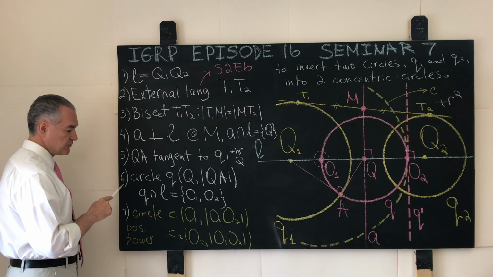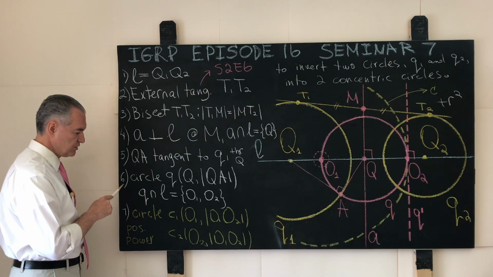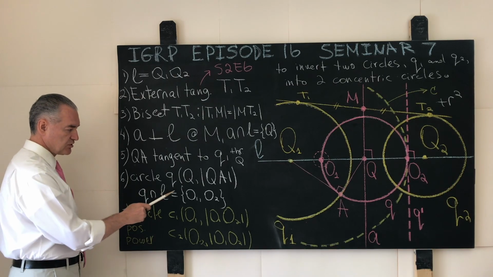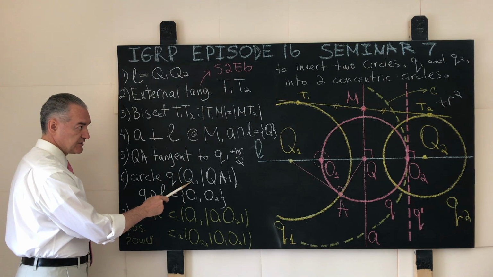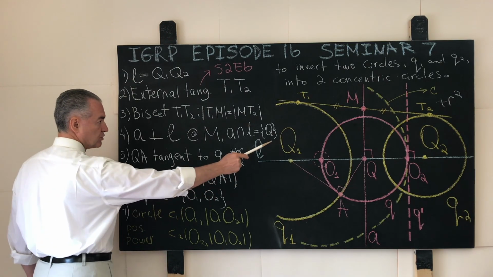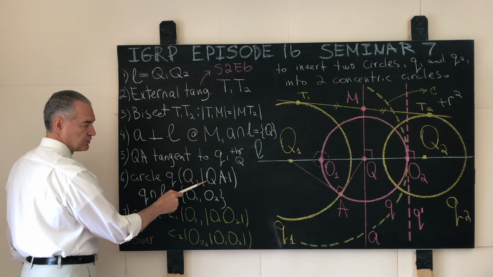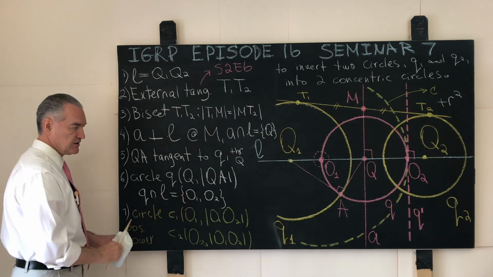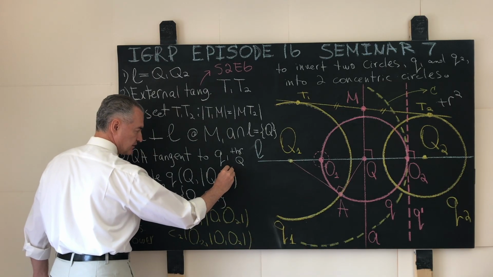Now, in step number 6, we have all the parameters of the circle Q that we need. In other words, as step number 6, construct the circle Q that has the point Q, uppercase Q, that we located in step number 4, as its center, and has the distance from the point Q to the point A, the tangency to the circle Q1, as its radius.